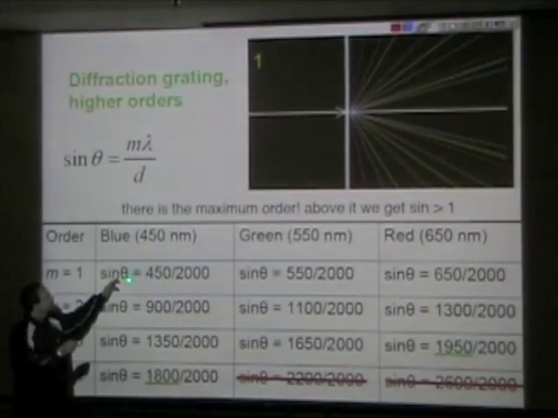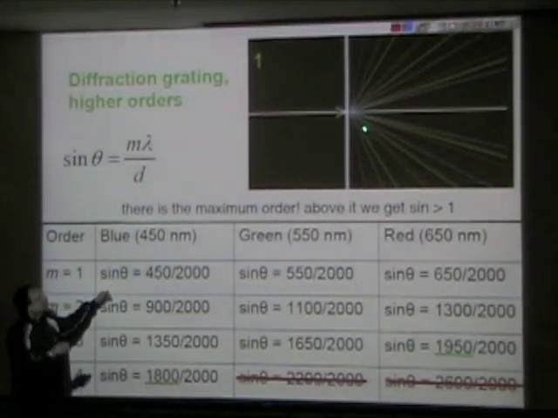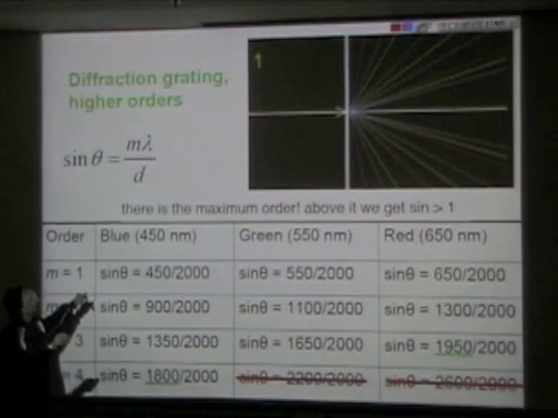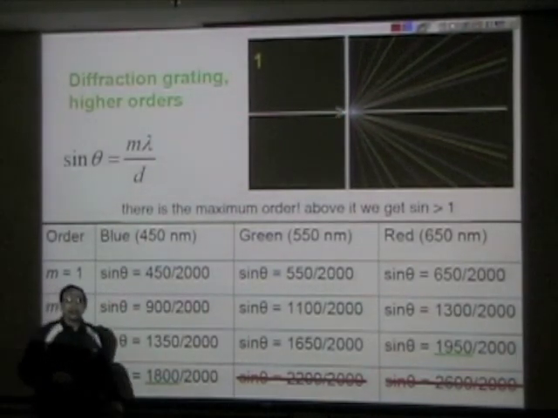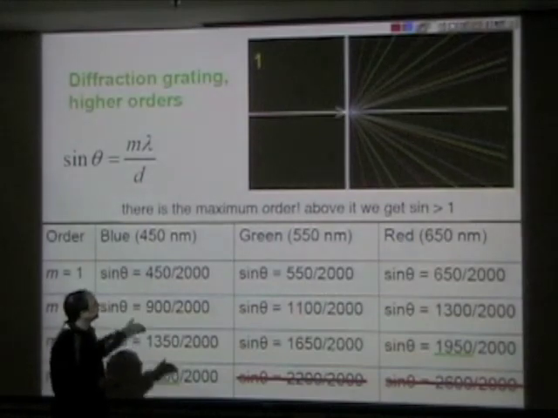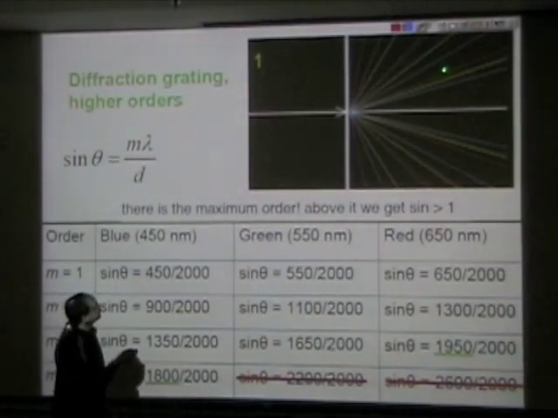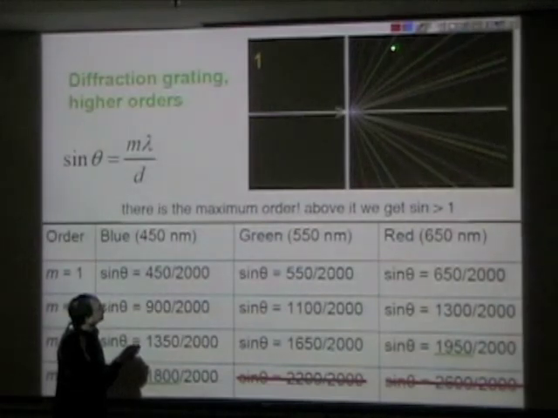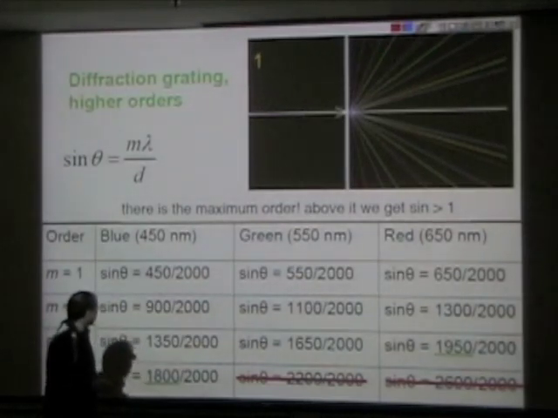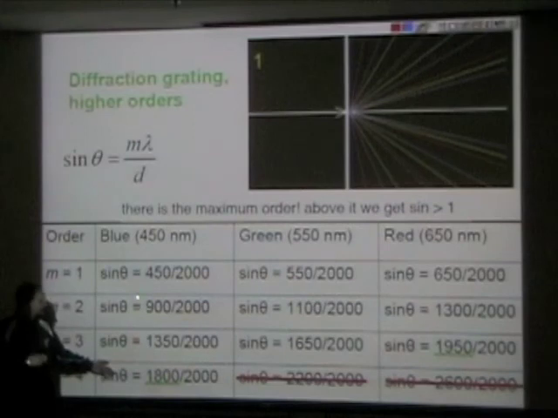Inverse sine gives the angle, etc. And we can draw a corresponding line for each of these maxima. First red maximum, second red maximum, third red maximum. First blue maximum, second, third, fourth. So why does blue light have 4 maxima, but red only 3?